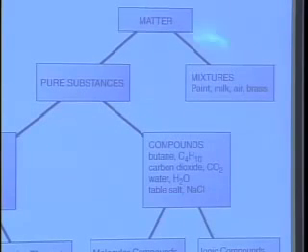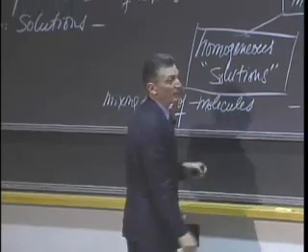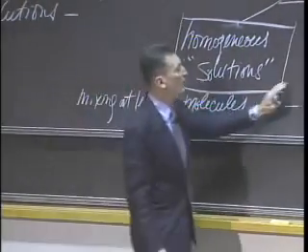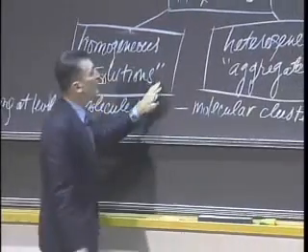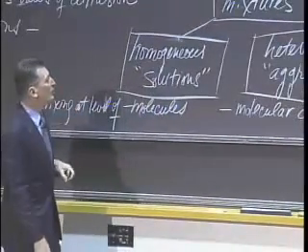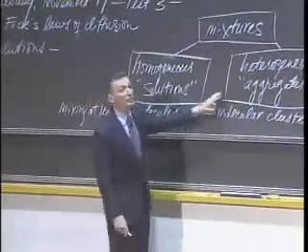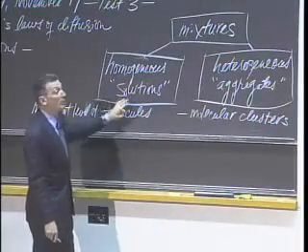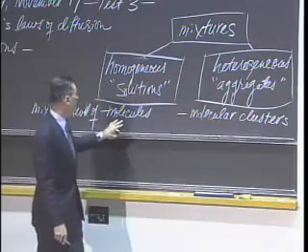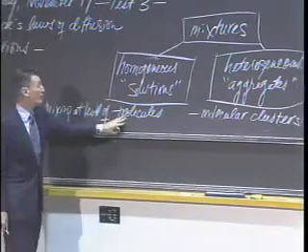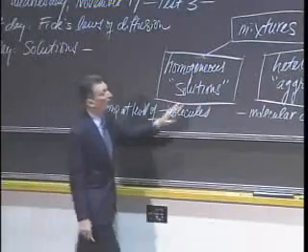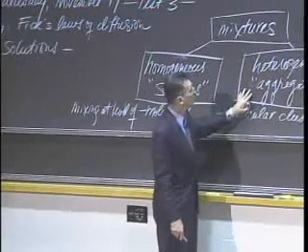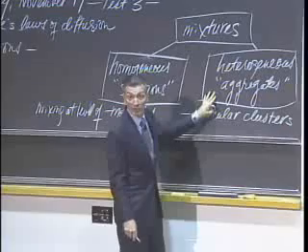But I'm a little bit uncomfortable with this broad definition of mixtures, so I've taken the liberty of refining that somewhat. And so what I'd prefer you recognize is that there's two types of mixtures. There's homogeneous mixtures and heterogeneous mixtures. So homogeneous mixtures are what we would call solutions, and that gives you mixing right down at the molecular level, whereas heterogeneous mixtures are not mixed down to the molecular level.